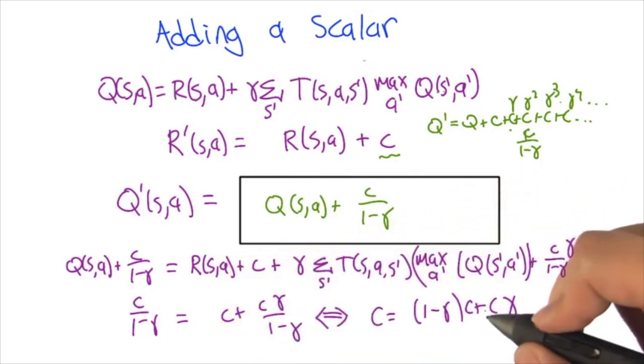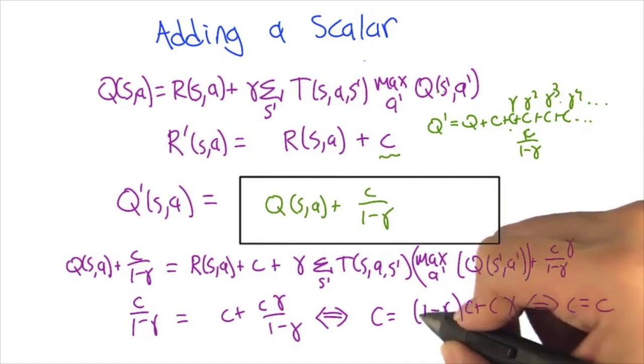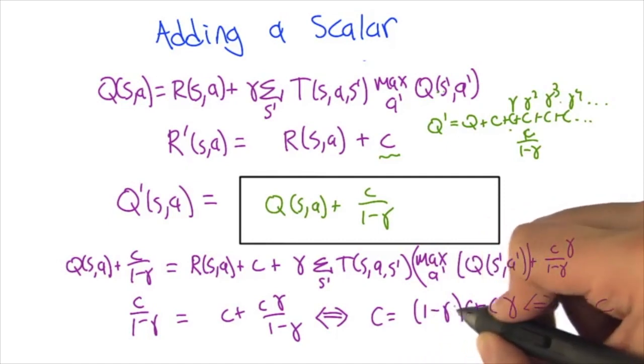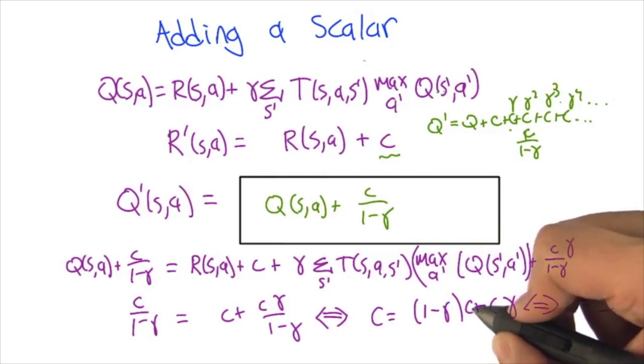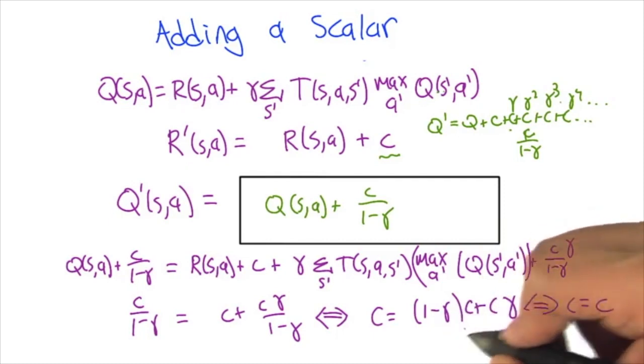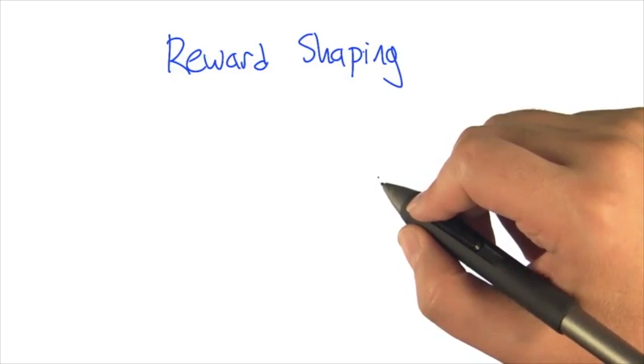So this is true if and only if this is true, where we've multiplied through by 1 minus gamma. And this is true, because we've got this C on both sides, and we've got a negative C gamma and a positive C gamma that cancel. So C equals C. Whew, that feels good. We solved everything.